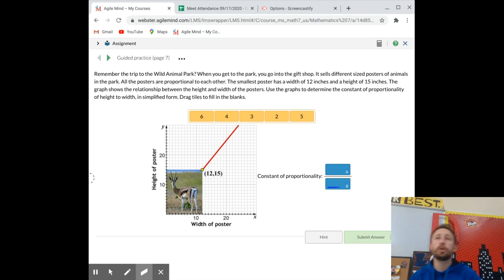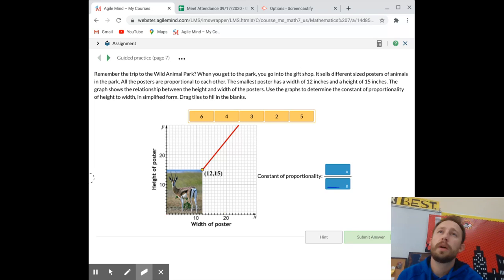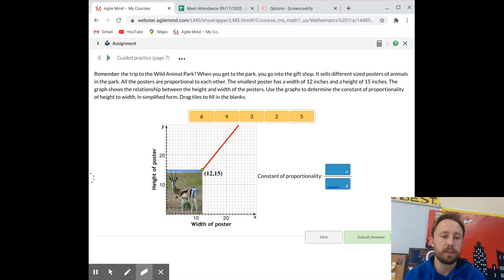You can do it with that other one, but to me, that's a lot of unnecessary work unless the teacher just asks us, how do you get this answer? And then it's important to do. However, if that's not asked, always use the unit rate that's easier to work with for finding your answer. Does that make sense?